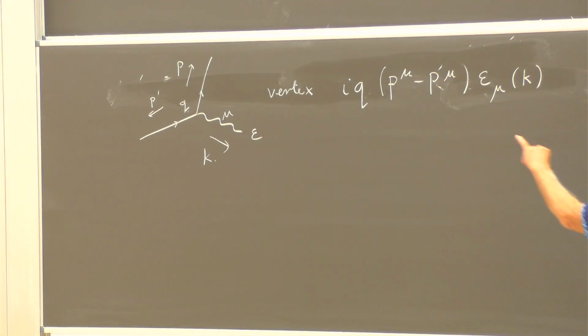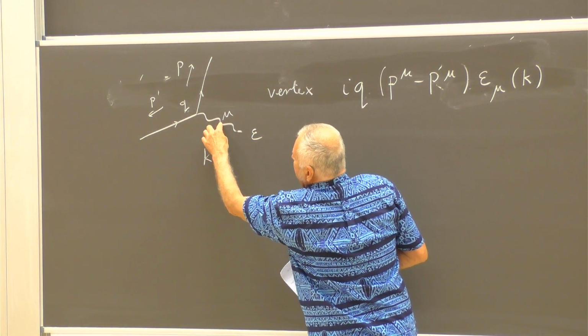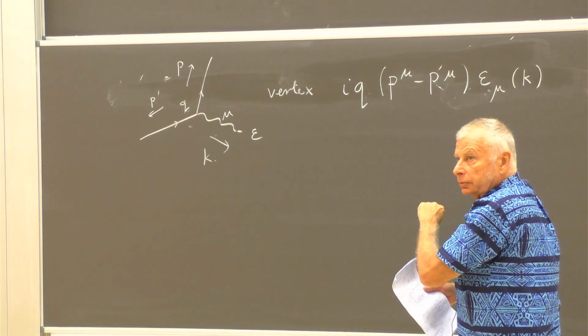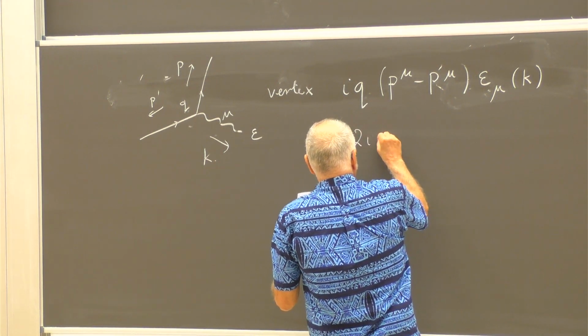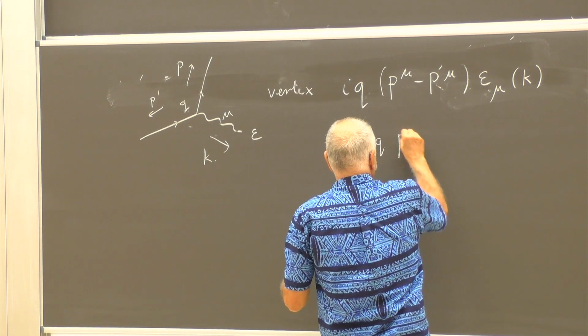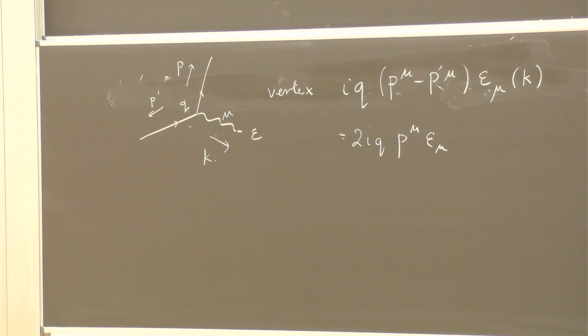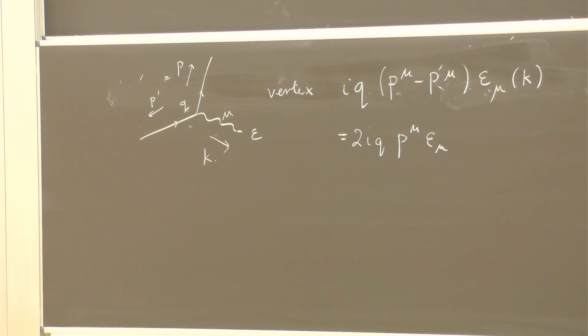Now you see that the difference between p and p prime, from momentum conservation, is k, while epsilon dot k is equal to 0. So I can replace it by this one, and this is exact. This is always true. All right?